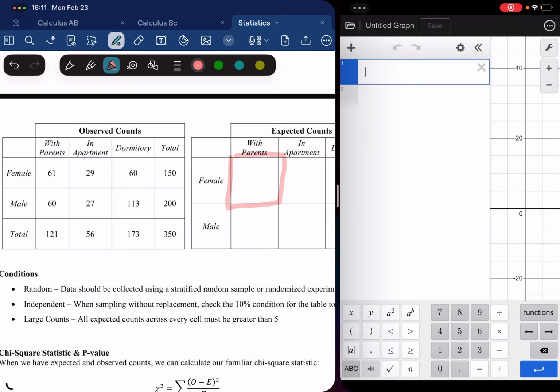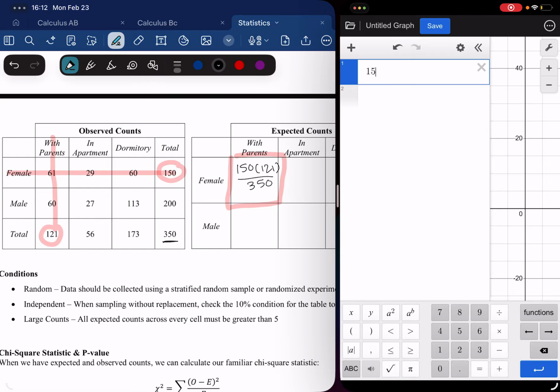Remember, it's the row total. For female, that row total is 150 times the column total. With parents, that column total is 121, all divided by the total, which is 350. So it would be 150 times 121 divided by 350.